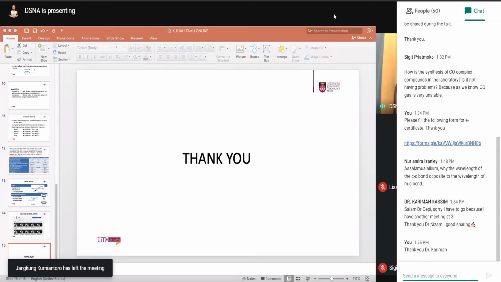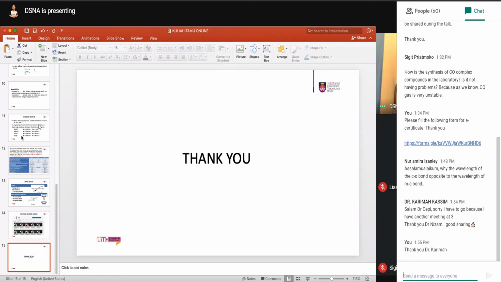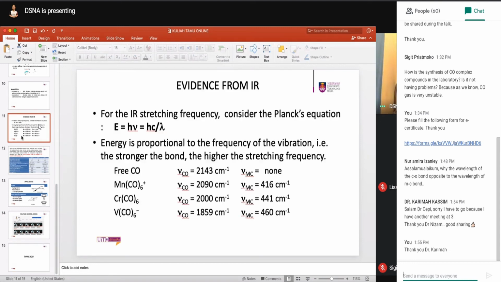Why the wavelength opposite? It's not really opposite, because what does it mean? The wavelength of the CO bond opposite to the wavelength of the MC bond. Oh yeah, of course.